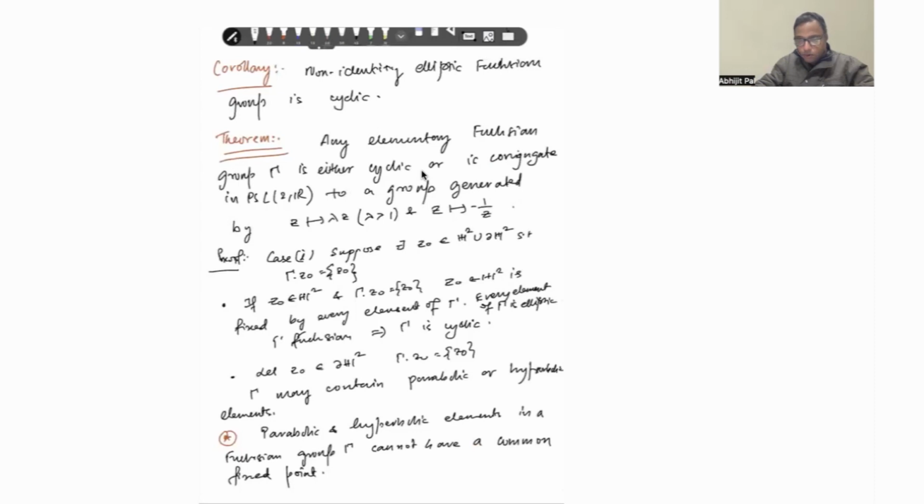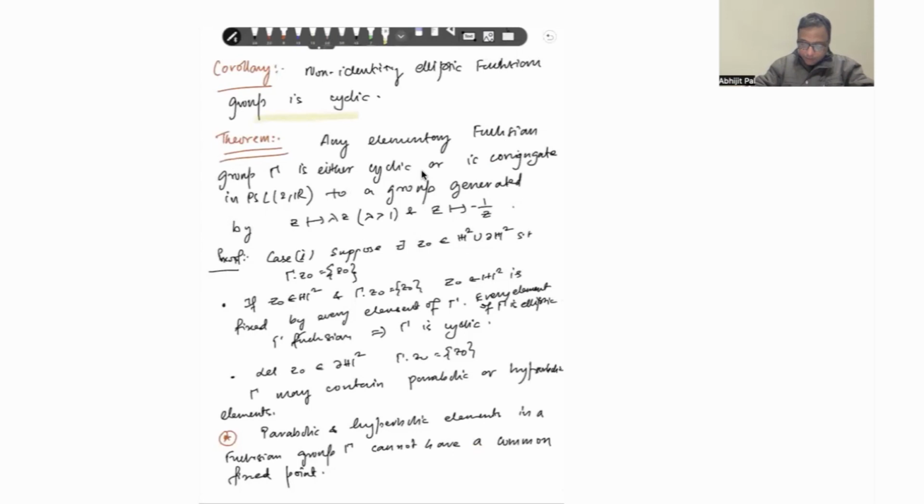So the fixed points of all the isometries are the same. Therefore, in fact, they will commute with each other, and by our previous class, that group has to be cyclic. Yeah, so we have this corollary.